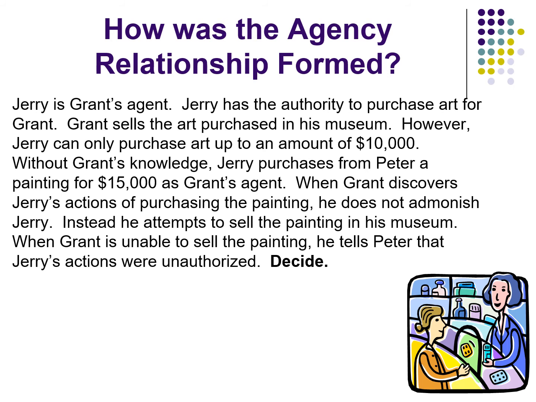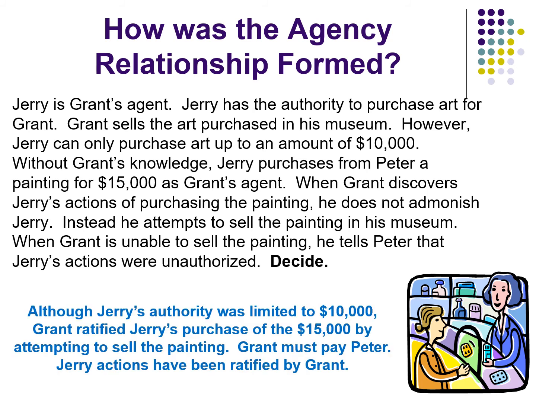Then, after Grant is unable to sell the painting, he decides to tell Peter that Jerry's actions were unauthorized. What's going to be the result here? Although Jerry's authority was limited to $10,000, Grant ratified the purchase that went over the limit when he attempted to sell the painting.